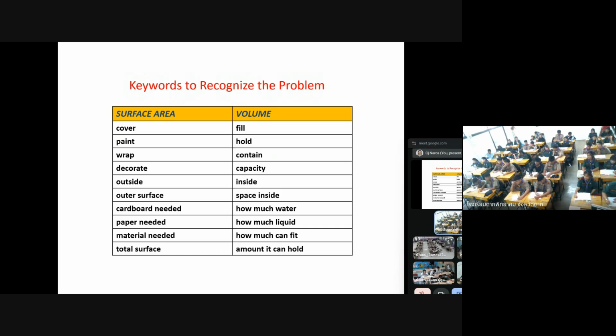How much liquid? And then how much can fit, for example, in the prism or a box? How much object can fit inside the box? Next is amount it can hold. Hold again. So remember that. Understand?